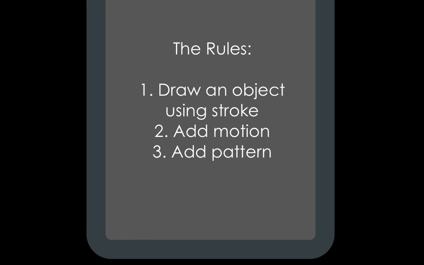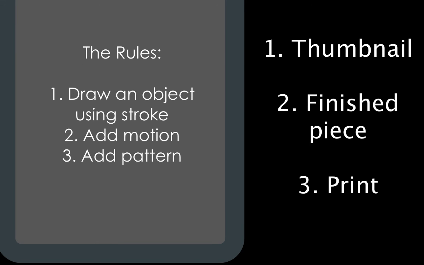You can always come back to this video and see it again in order to find out what it is that you could do with motion. Or you could create your own way to show motion. Lastly, you'll add a pattern to the background. We're going to start with the thumbnail, and then we're going to go to the final drawing, and then finally we'll end up actually making prints.